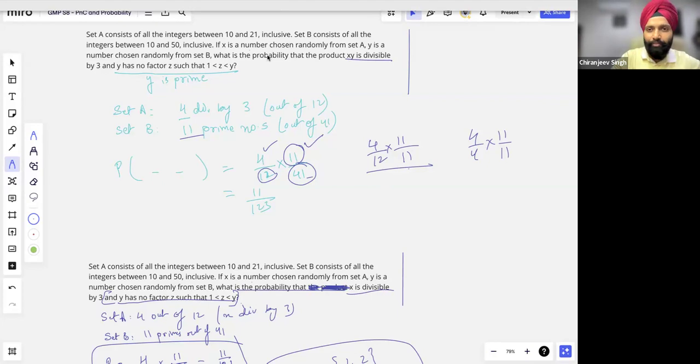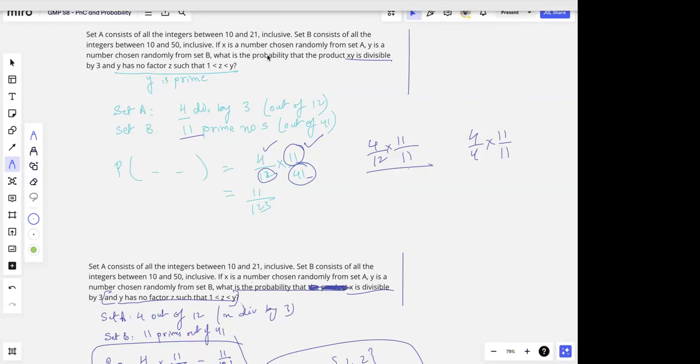If x is divisible by 3, y could be anything.